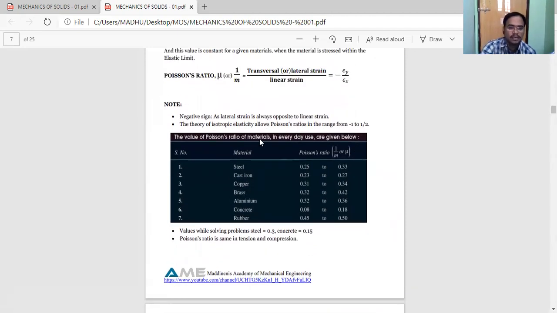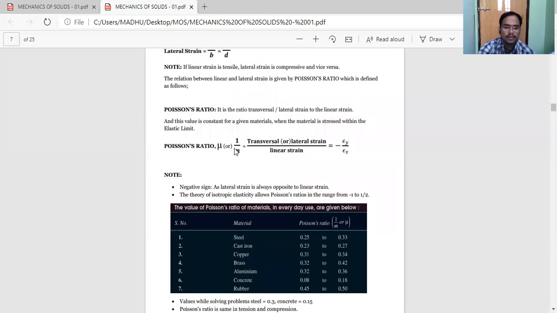Here some values are given for Poisson's ratio of materials in everyday use. Some different materials are here: steel, cast iron, copper, brass, aluminum, concrete, and rubber. For rubber, you have the highest value.